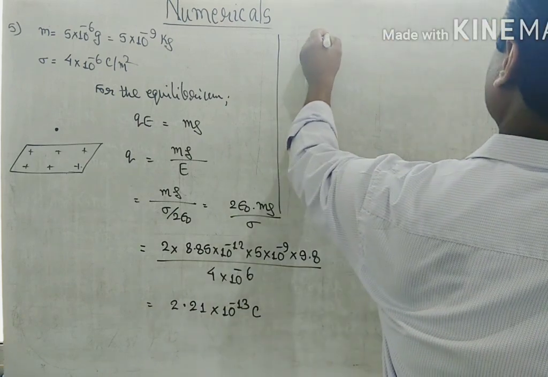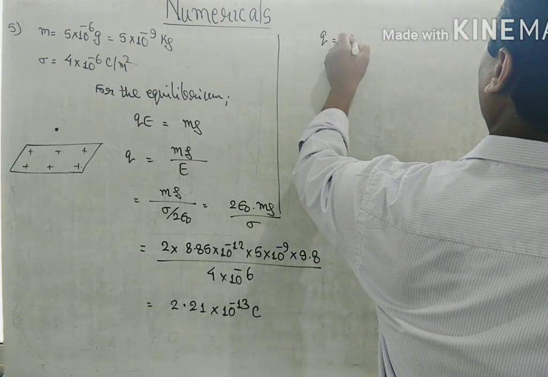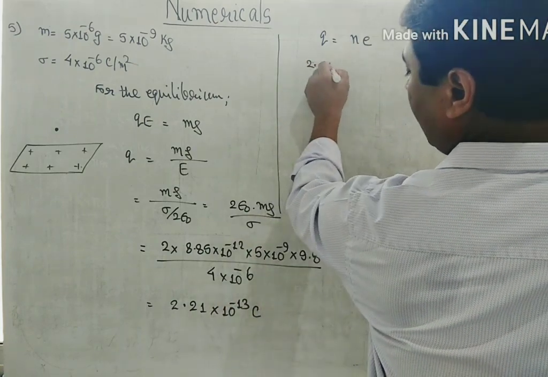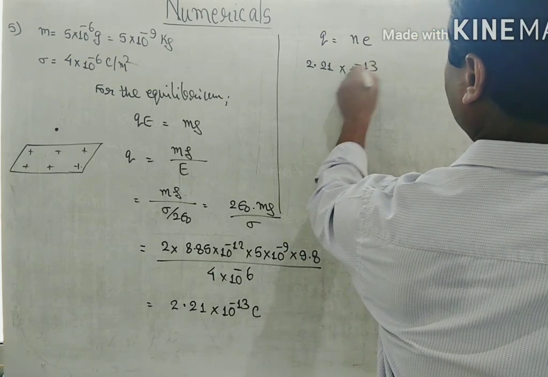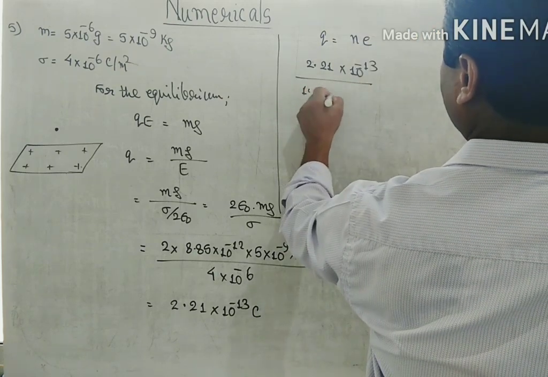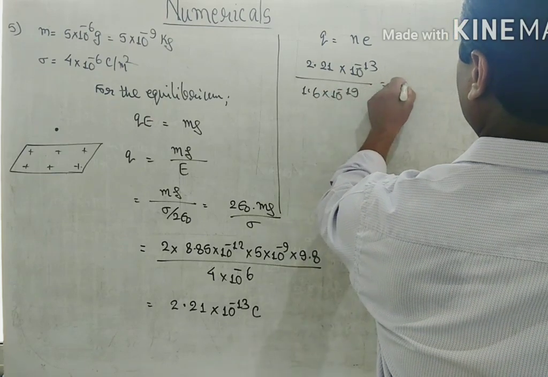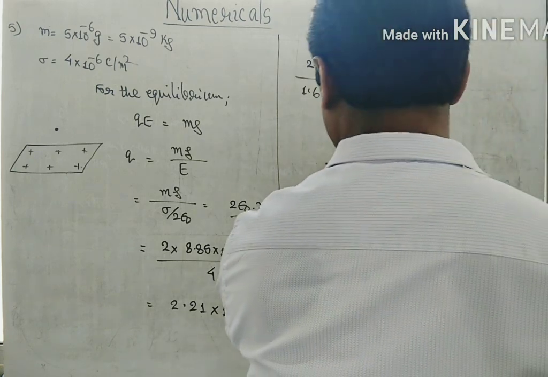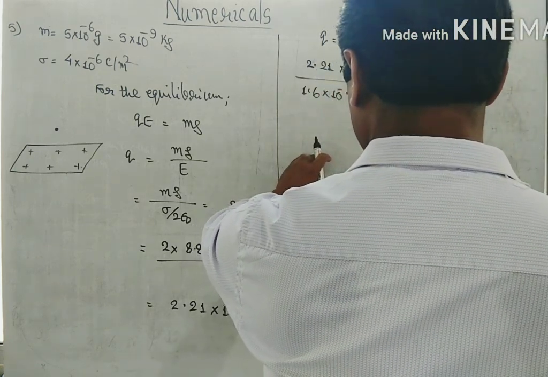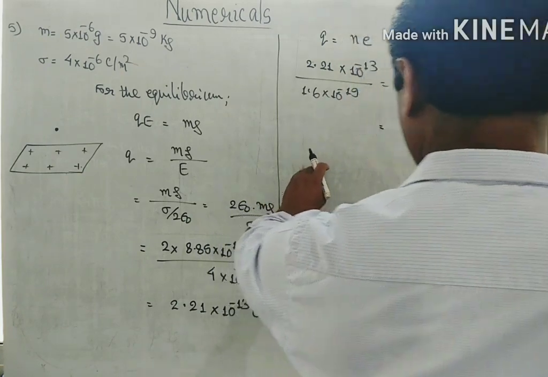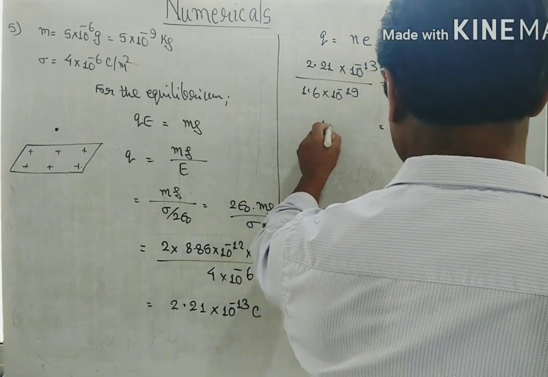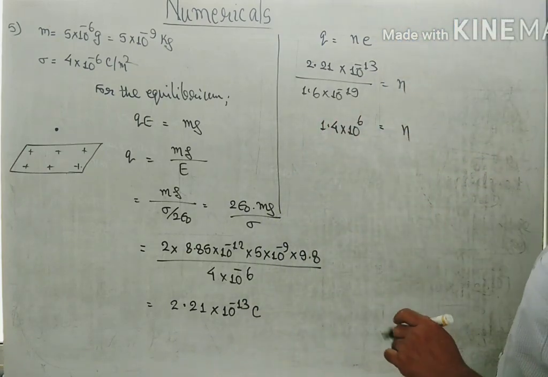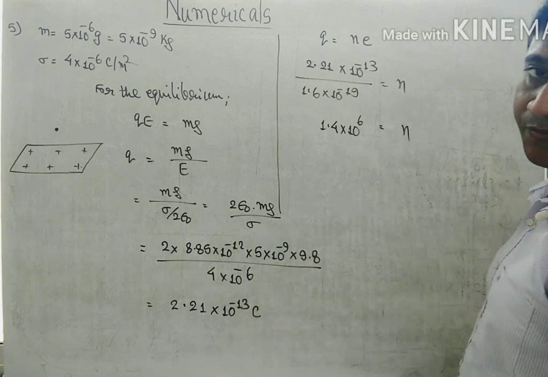Using quantization, Q = Ne, we have N = 2.21 × 10^-13 upon the charge on the electron, 1.6 × 10^-19. That gives us the value of N, which will approximately come out to be 1.4 × 10^6. This will be the number of electrons to be given to make this much charge.